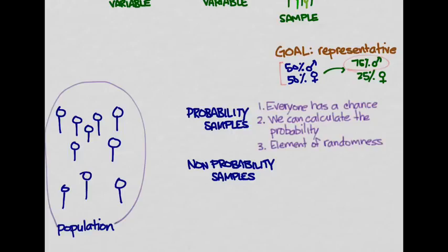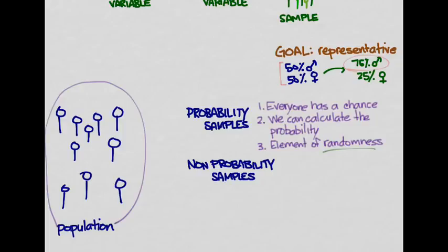Now, the one thing I want to say is, even though everybody has a chance, we're not saying here that everyone has the exact same chance. The fact that there is an element of randomness allows us to use inferential statistics and descriptive statistics, but inferential statistics is the key part, the powerful piece of this.